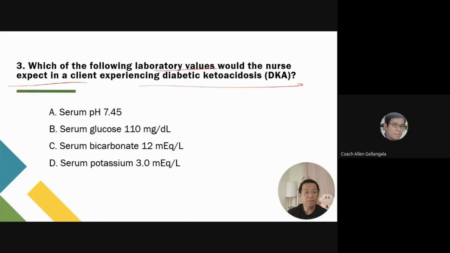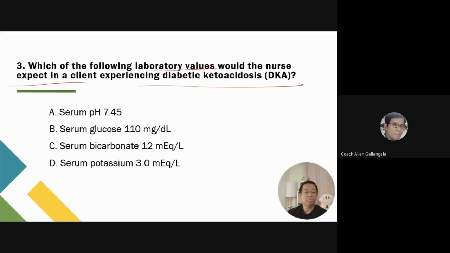So gluconeogenesis will happen. The body will trigger the transformation of protein into sugar. The result is that the nitrogen, the last byproduct, will build up ketones in the body, which is essentially acidic.